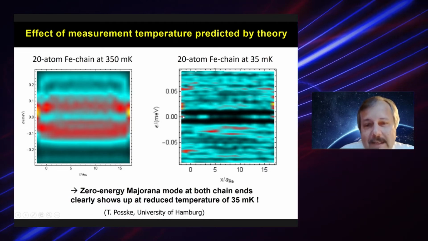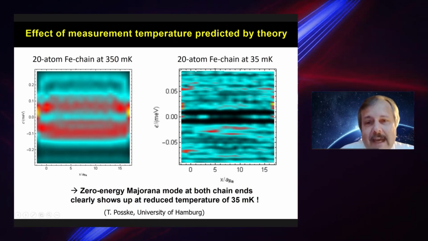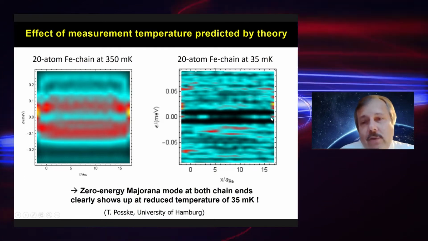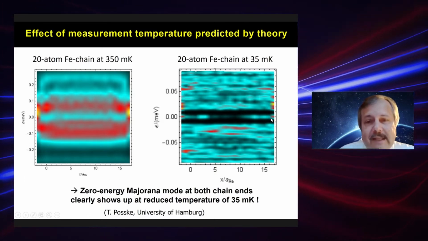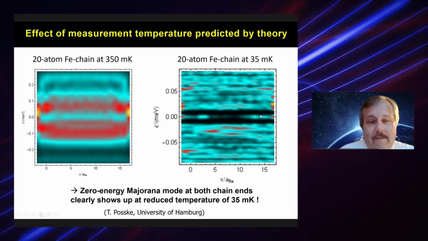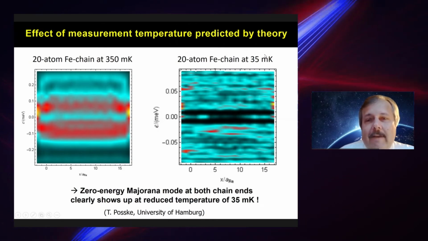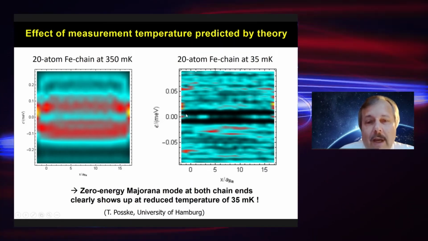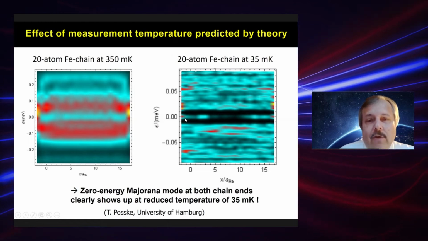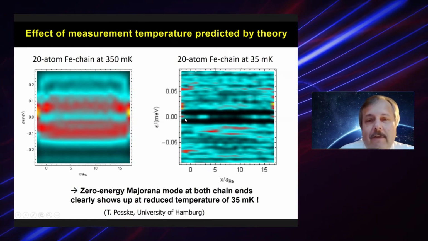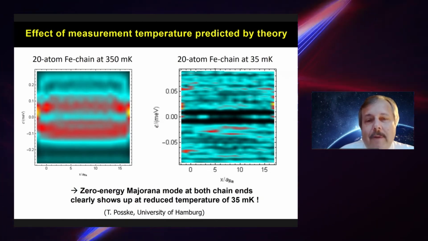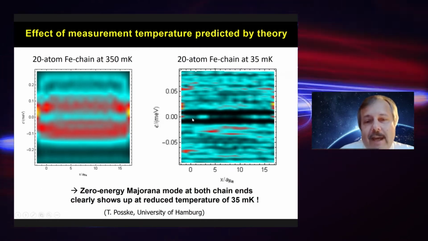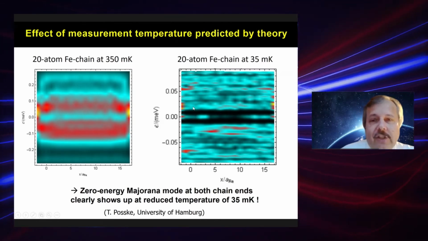And indeed, as I said, it was theoretically confirmed that this corresponds to topologically non-trivial states. So that means that experimentally we either have to go to lower temperatures with a dilution refrigerator system, or an alternative would be to go to a superconductor with a larger superconducting gap, so that you can better resolve the zero energy modes and the finite energy Shiba states.